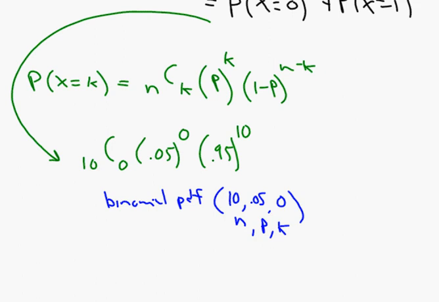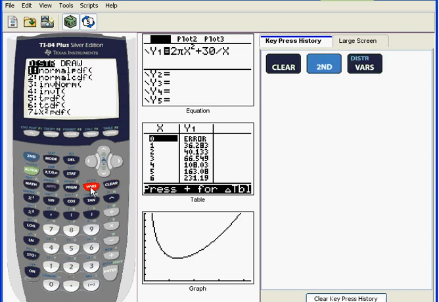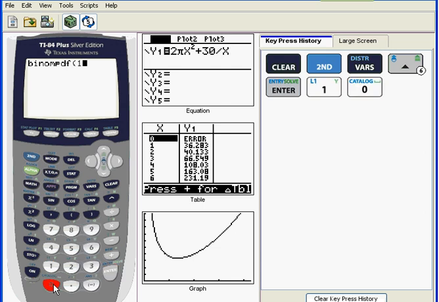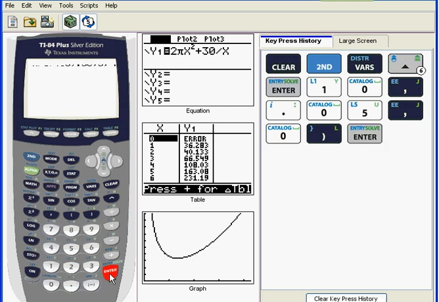So if you type this in the calculator, it would give you the value of this expression we have here. So let's do that. So go to the calculator. You find that in distributions. You do second vars to get the distributions. Go up, and you'll see the binomial PDF. We hit enter. It's 10, comma, 0.05, comma, 0. And you hit enter. We get that probability.